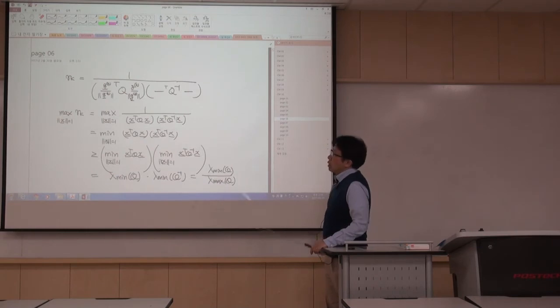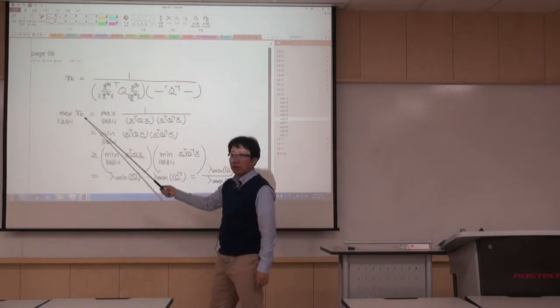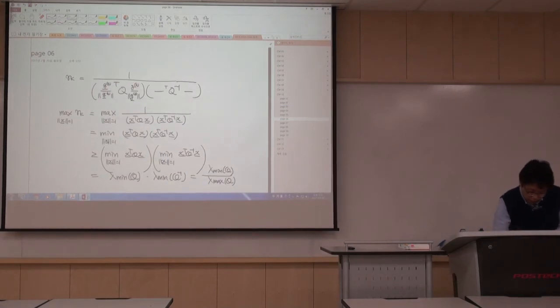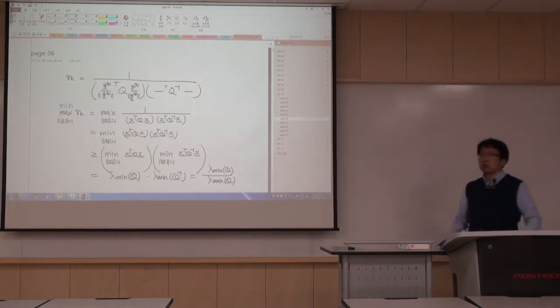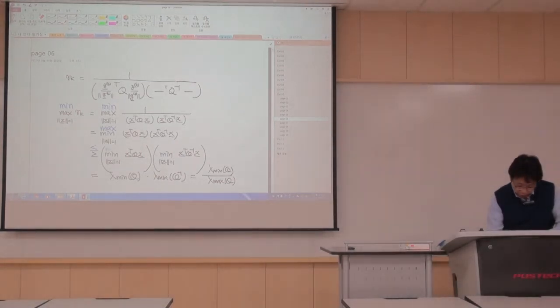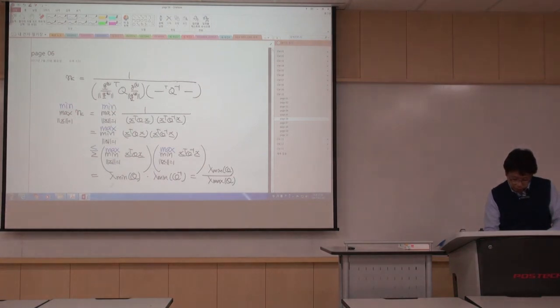And you can do something similar for the min of gamma k, right? So let's do it. Here, let's replace this max with min, and then we have min here and max here. We want to flip the inequality and replace these two, max and max. Right? And what happens? This becomes lambda max of Q times lambda max of Q inverse.